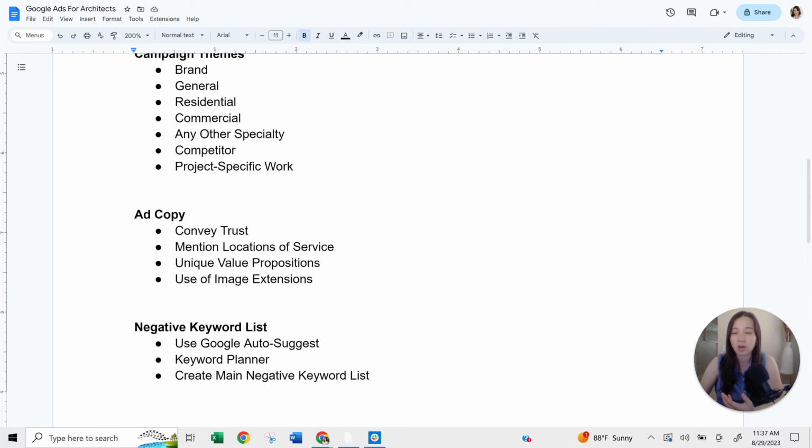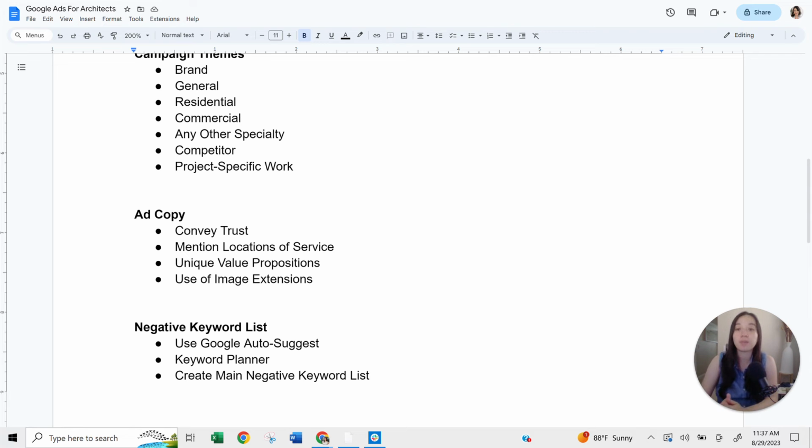Of course, it's super obvious, but mentioning unique value proposition, what sets you apart from your competitors. Are you more of a high-end architect, or are you more of like a budget-friendly architect? So here's some other things that you want to consider as you're piecing together the ad copy for your campaigns.